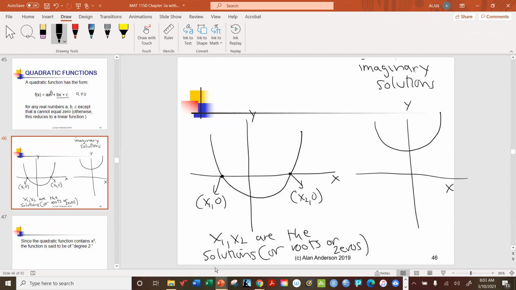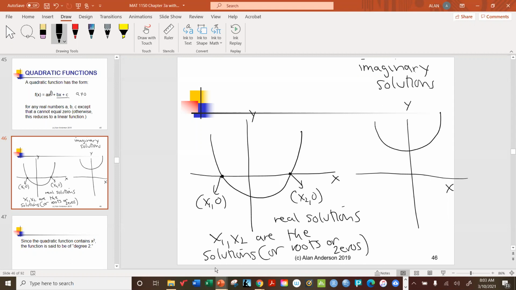We saw a great deal of discussion about this in those videos we were watching last week. In this case, we have imaginary solutions; here we have real solutions. But either way, we have 2 solutions. Remember they mentioned in one of the videos that Gauss proved that for a quadratic function, you would have to have 2 solutions.